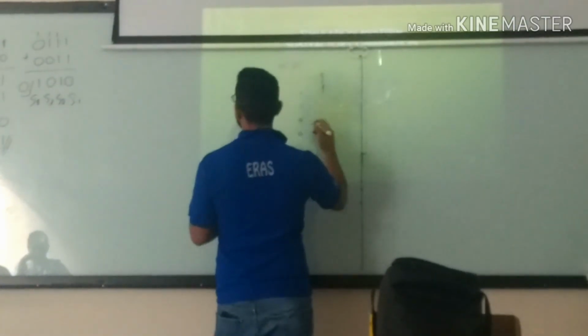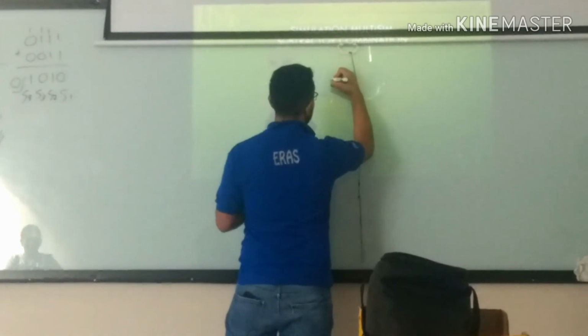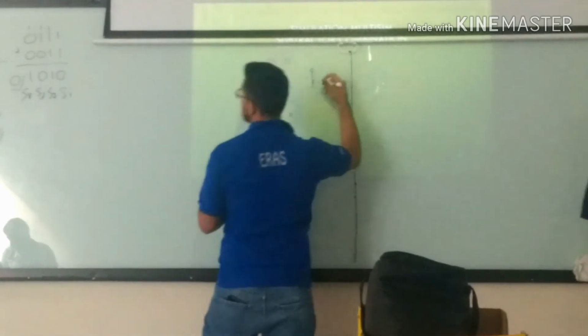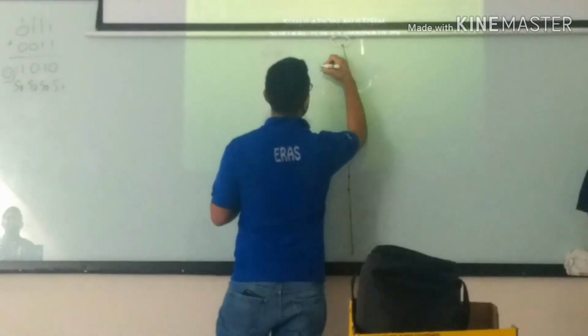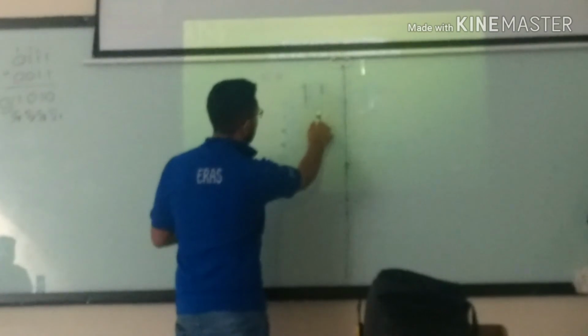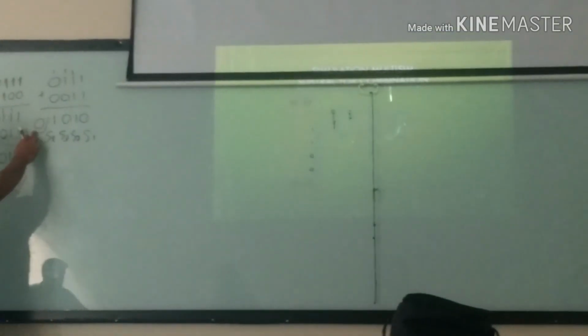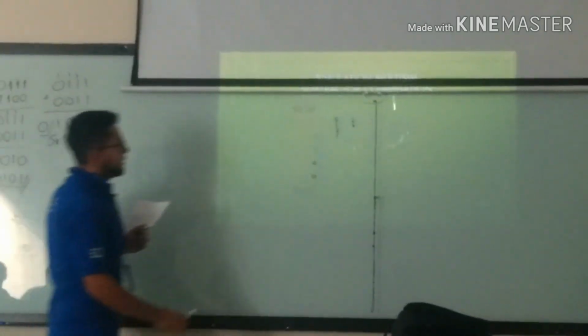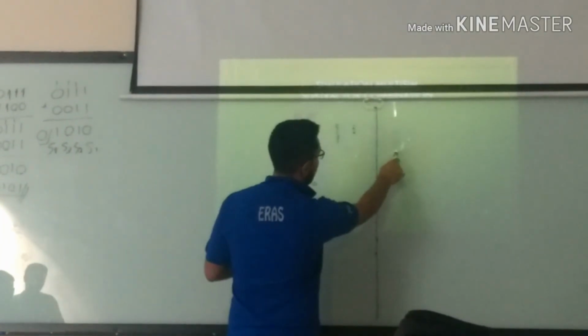So we have 0, 0, 1, 0, 1. As we can see here, we have 0 in the carry, and it means that we have a 0 connected with another adder.